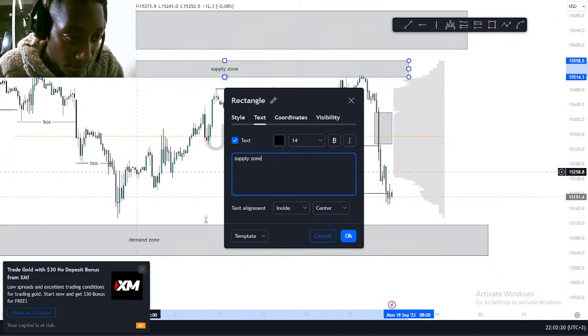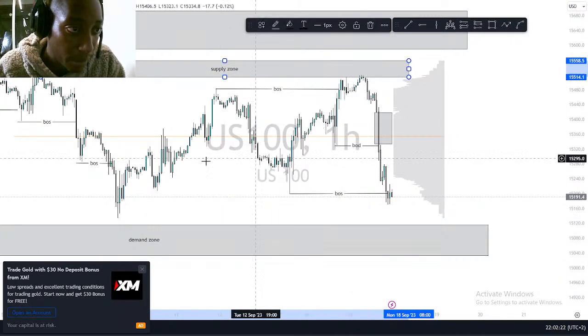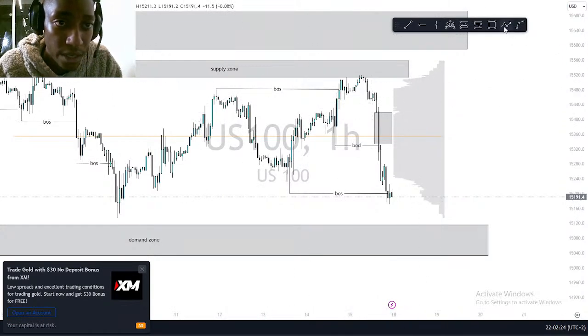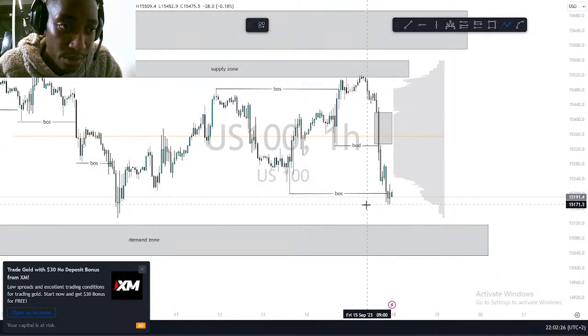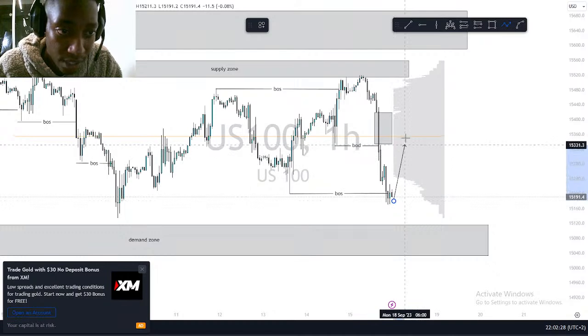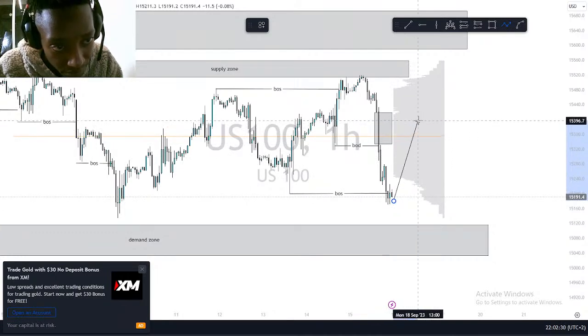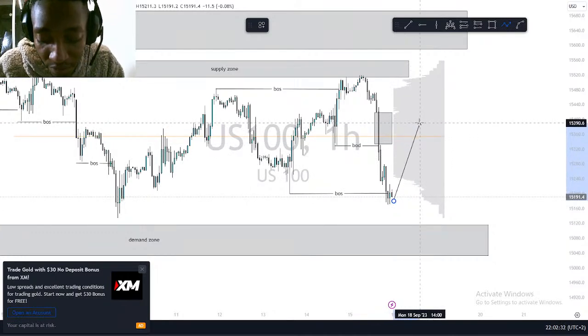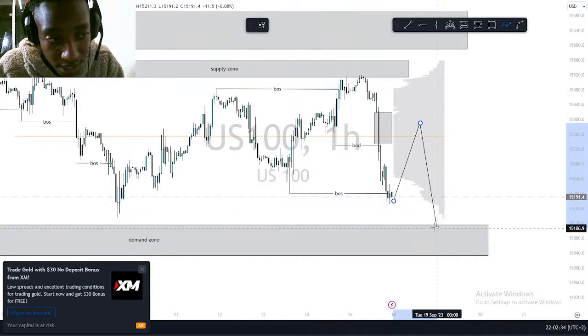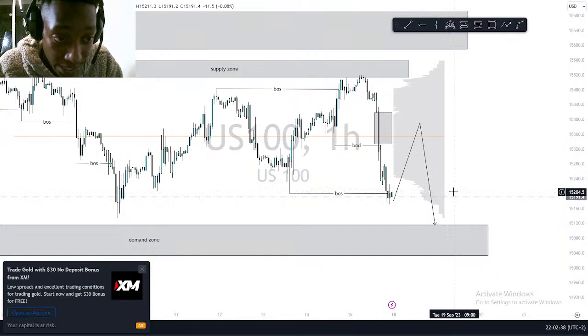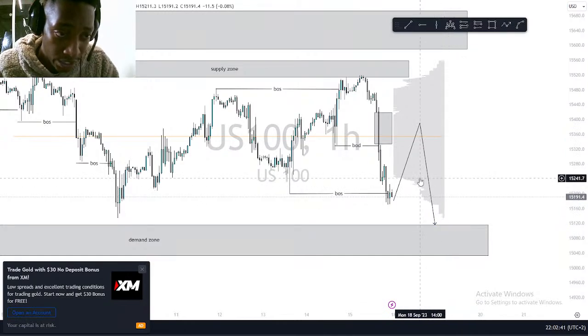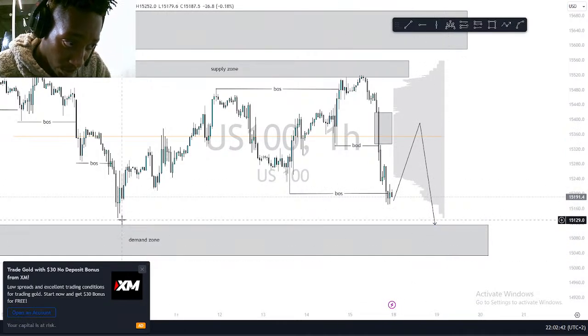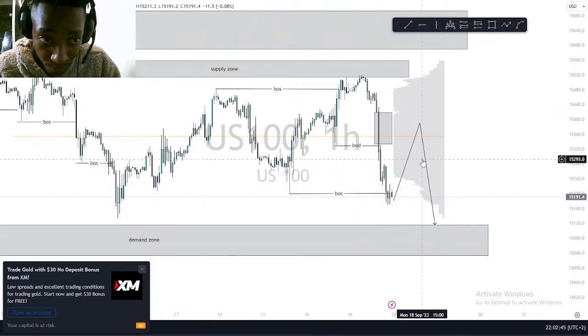And then what we are expecting now is for the market to give us a pullback to that fair value gap, and then after filling that gap, we start pushing to the downside to take out this area here, this demand zone.